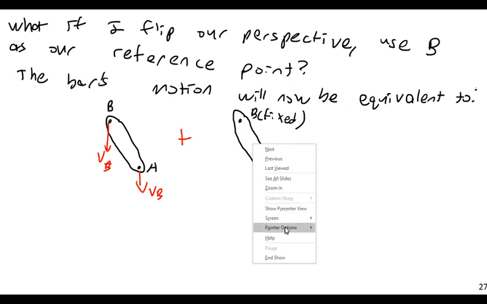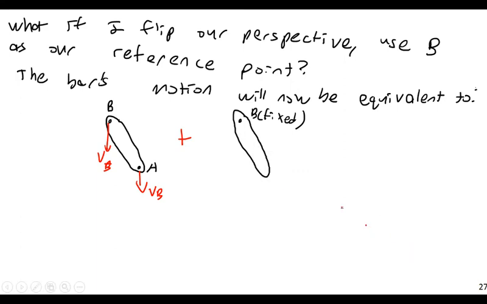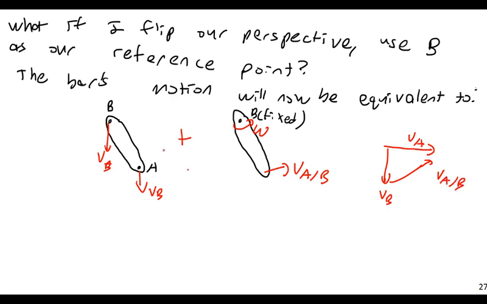And then we would have an omega about B and a velocity of A with respect to B. And in this case, our velocity triangle would look like this. We would have VA, I would have VB, and then going the other way this time, V of A with respect to B.